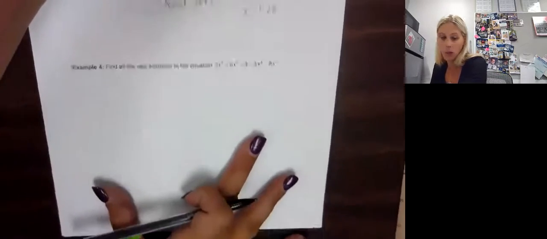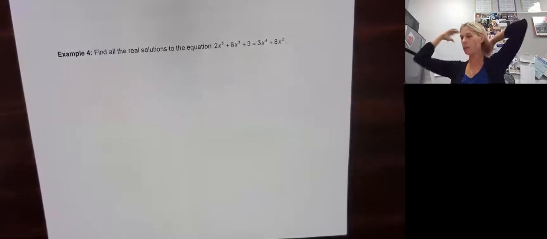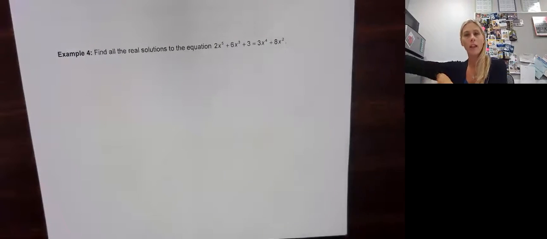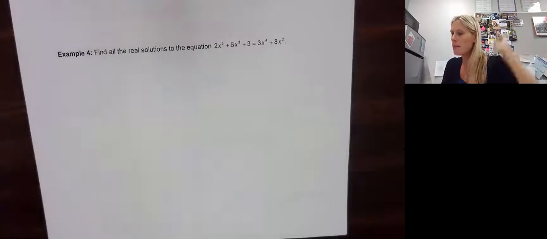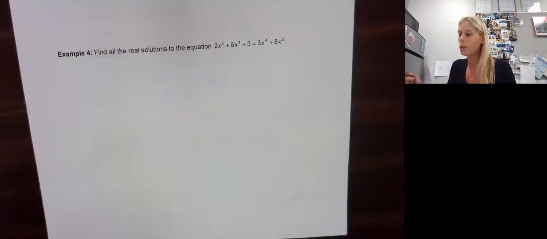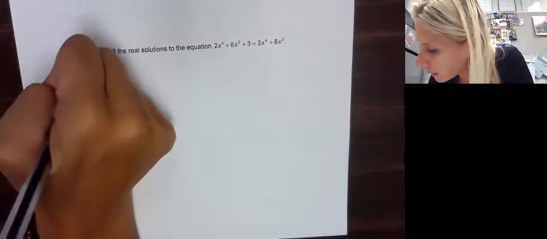All right, let's do one more, okay? And this one was finding the real solutions, okay? I loved it because when we used to do a graphing calculator, we would plug this in and find out where they crossed, right? But now, no graphing calculator, so we have to use synthetic. So the first thing I'm going to do is move everything over.